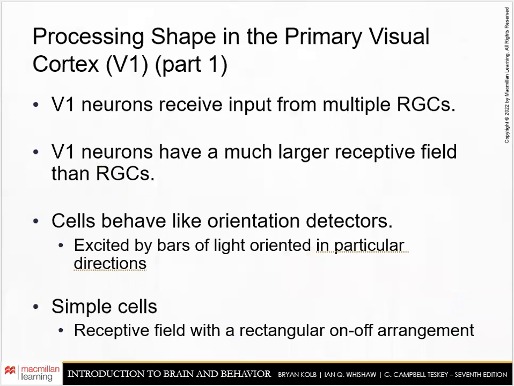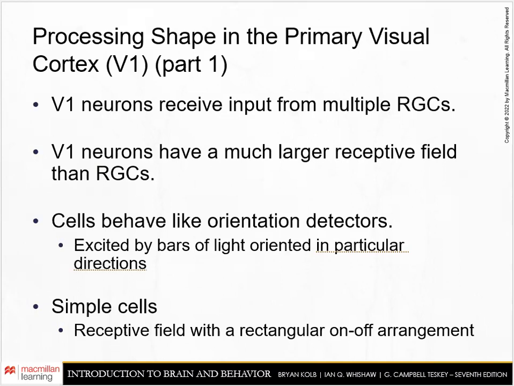Now, processing shape in the primary visual cortex, or V1. The V1 neurons receive input from multiple retinal ganglion cells, and they also have a much larger receptive field than the RGCs. These cells behave like orientation detectors. They're excited by bars of light oriented in particular directions.